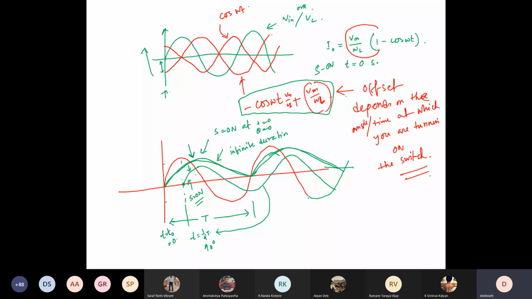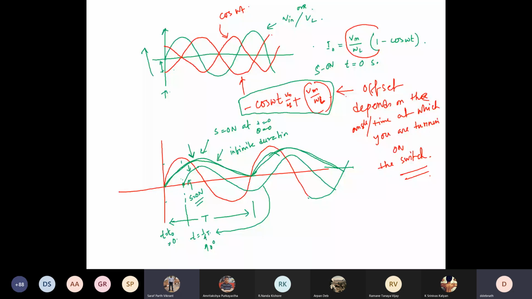Sir, could you please explain what you did after getting that expression of IL, like in the graph? See, this expression is what you gave me, right? I am yet to verify. Yeah, I got that expression, but I didn't understand what you did after that.